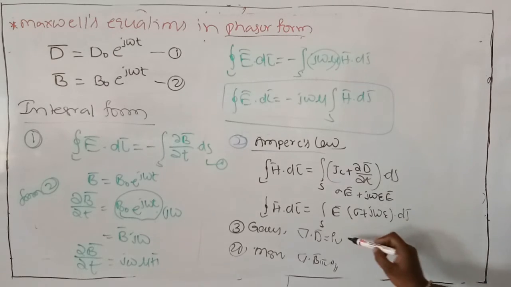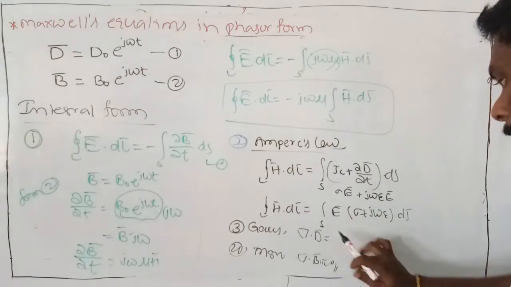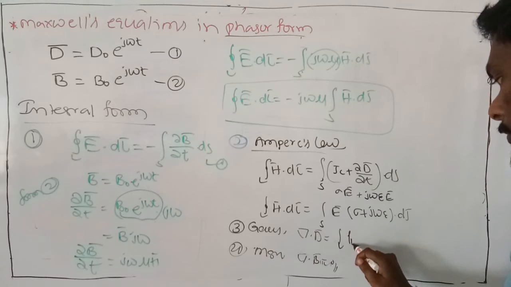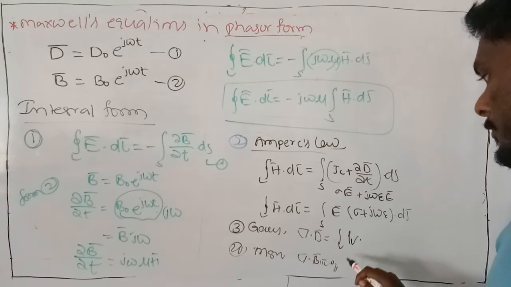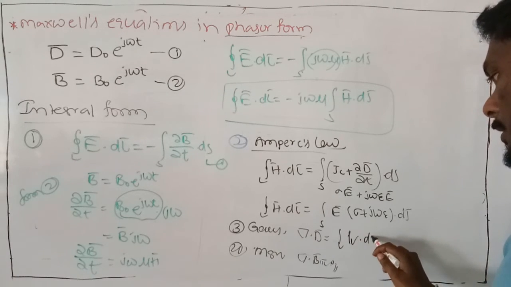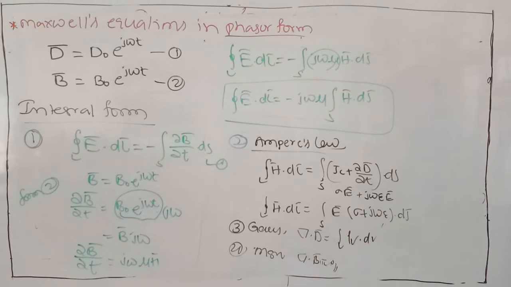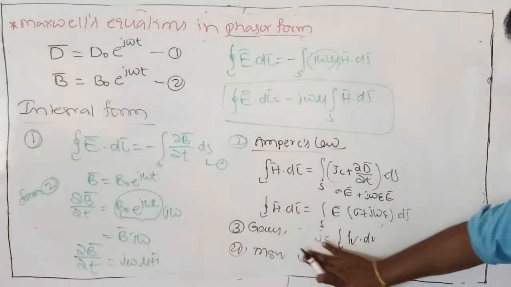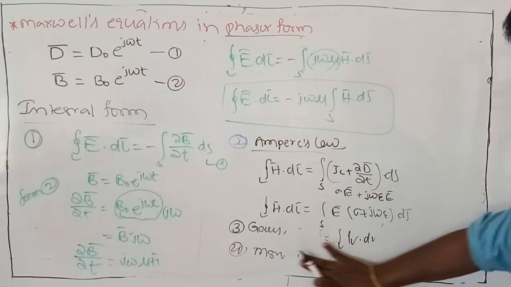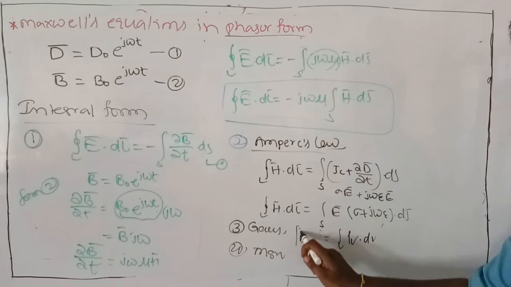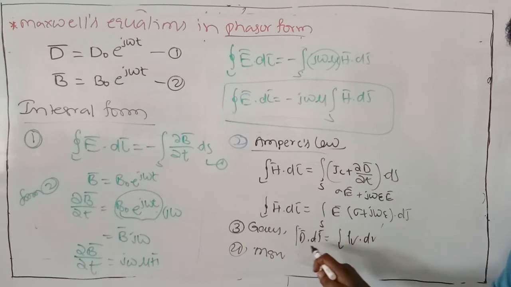So see here, as it is an integral form, not point form, rho v becomes the volume integration of rho v dv. These are the integral forms: the surface integration of D bar dot dS bar equals the volume integration of rho v dv, and the surface integration of B bar dot dS bar is equal to 0.